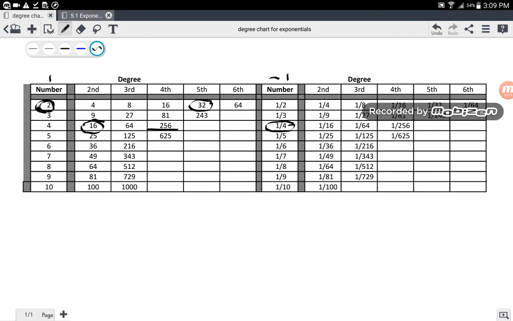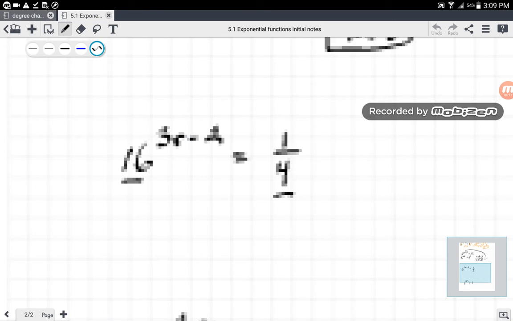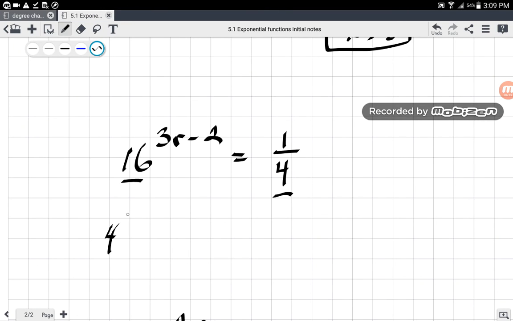So I can write both of these numbers with a base of 4. So 4 squared is 16. I'm going to bring down the original exponent, and I'm going to end up distributing that 2 here. And that equals 4 to the -1.